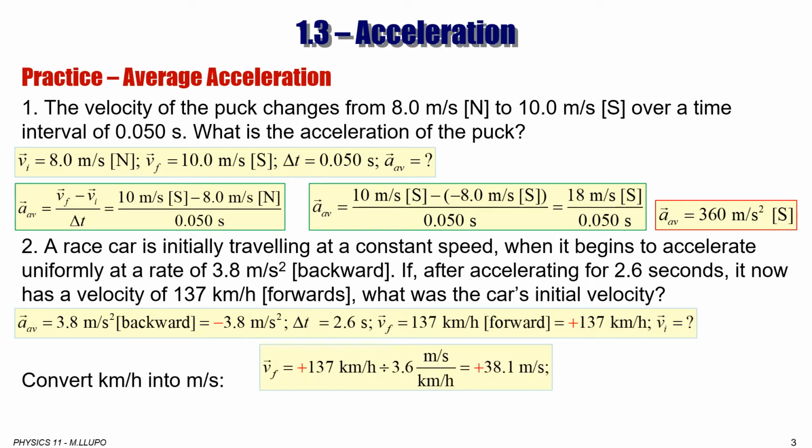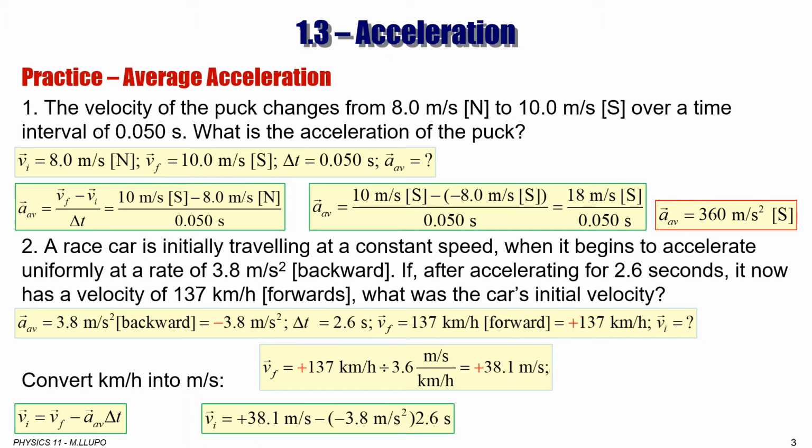First we have to convert to a standard unit because we're going to use it in an equation. V final is plus 137 kilometers per hour divided by 3.6 kilometers per hour per meter per second. That is 38.1 meters per second. Then we're ready to find initial velocity, which is v final minus a average times delta t.